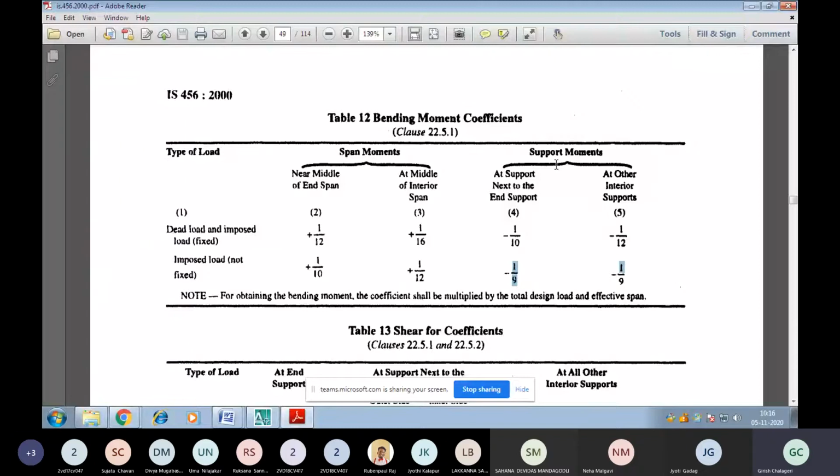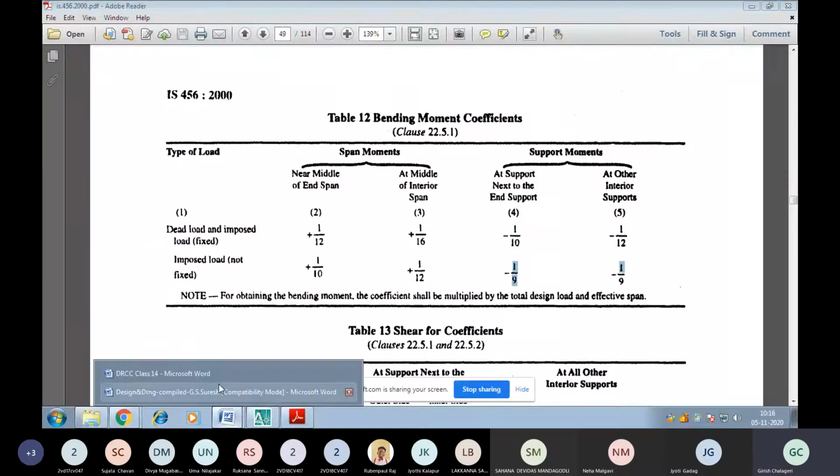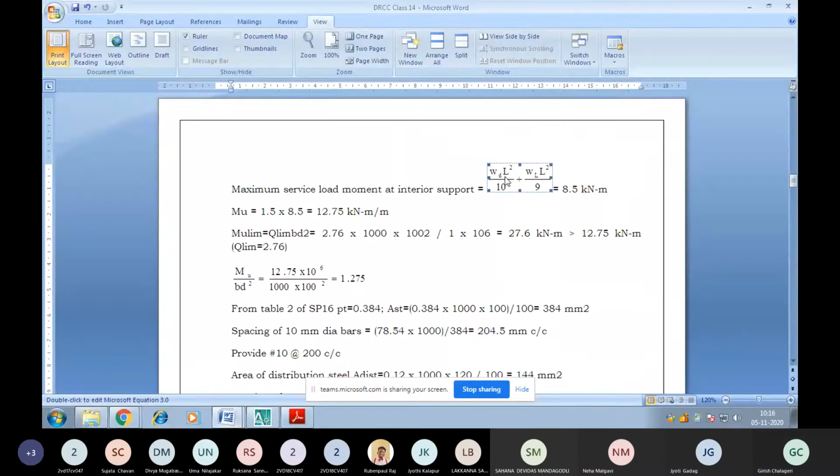For span moment also we have 1 by 10, so let us consider 1 by 10 for dead load and 1 by 9 for live load. The same is taken here: WD L square by 10 for dead load and WL L square by 9 for live load.